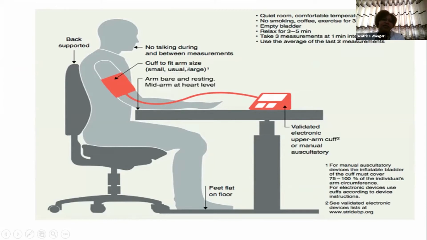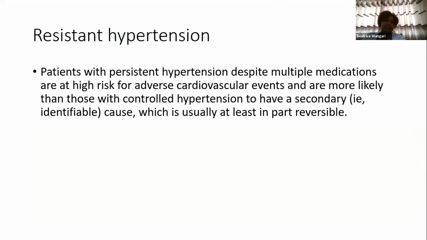Then the other issue is the cuff size, which needs to cover at least 75 to 100% of the individual's arm circumference, and the arm needs to be rested at the level of the heart. So again, just a reminder that inaccurate blood pressure measurements can actually lead you to making a diagnosis of resistant hypertension when actually you do not have resistant hypertension.